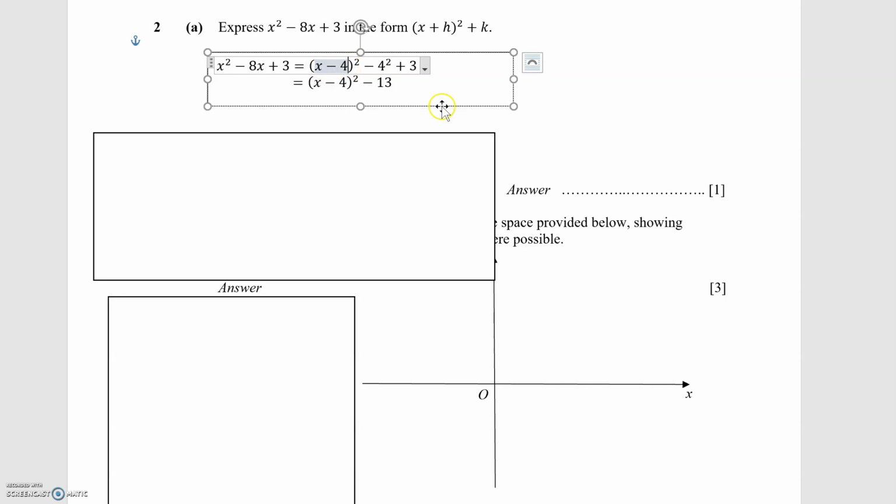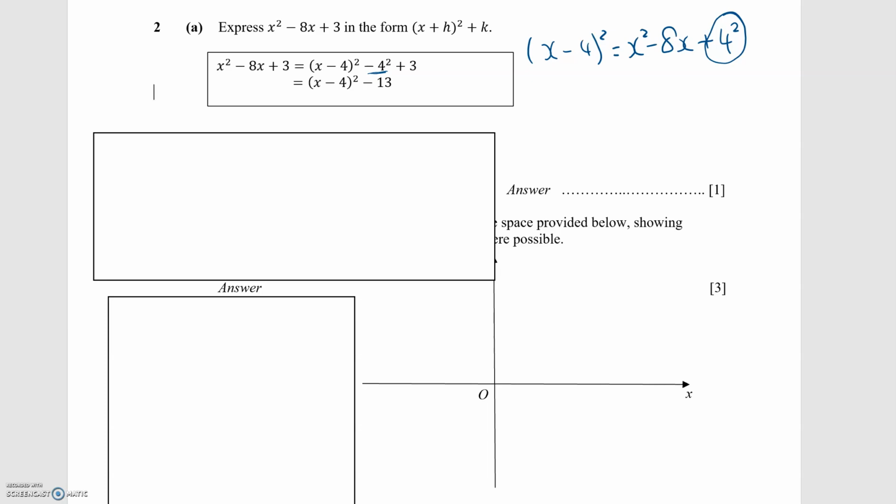Okay, so from this, I will actually get x squared minus 8x plus 4 squared.